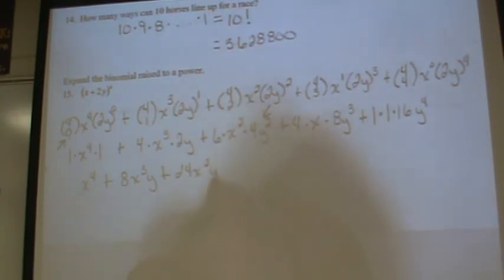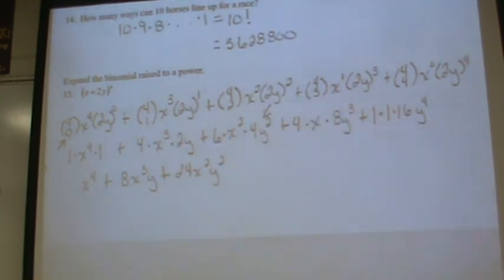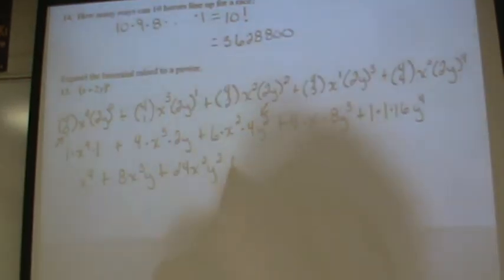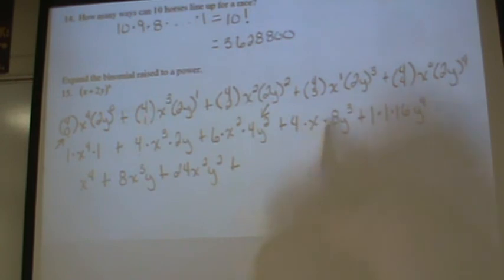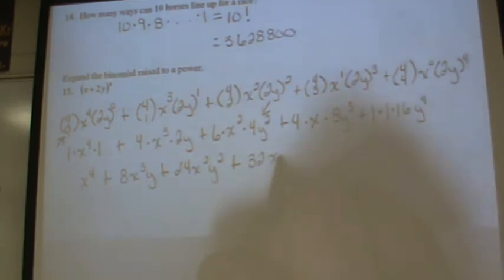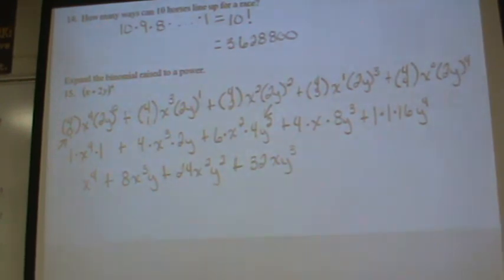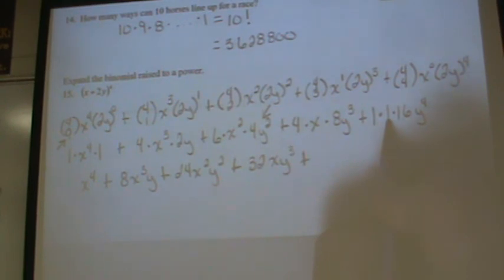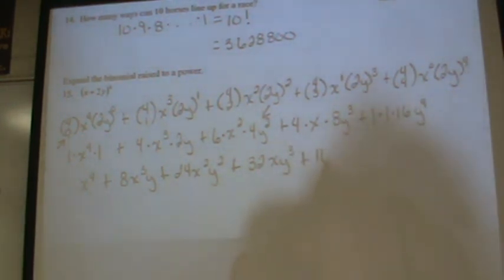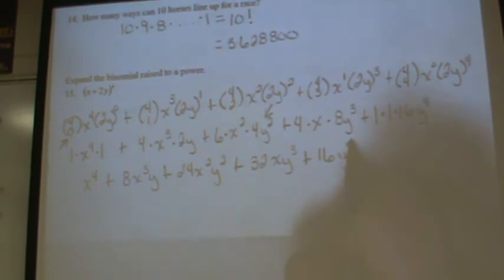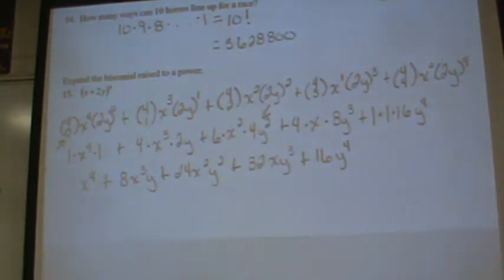X squared, y squared, because you still have your variables. Our next term, we have a 4 and we also have an 8. So 4 times 8 is 32 times the x and times the y cubed. And our last term, we have a 1 times a 1 times a 16. And then we have y to the 4th. So that is the simplified expanded binomial. And we're done.